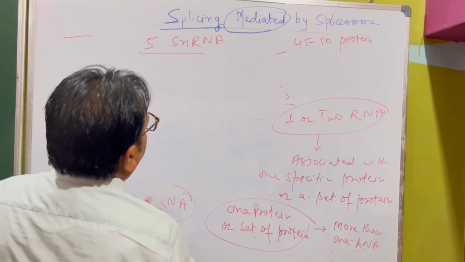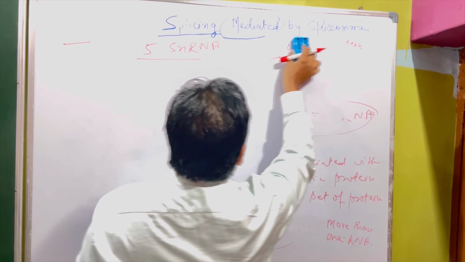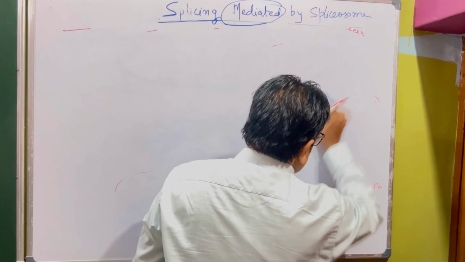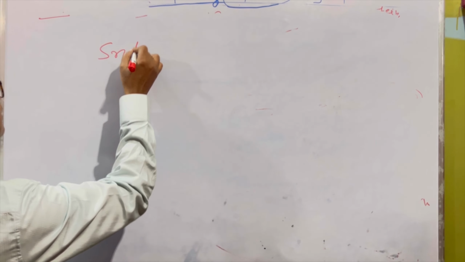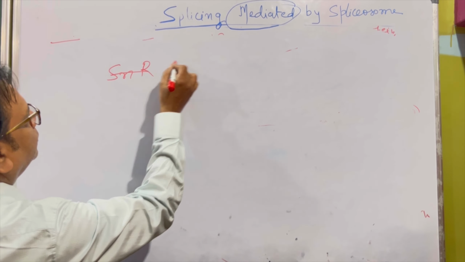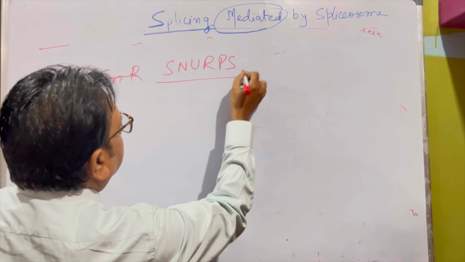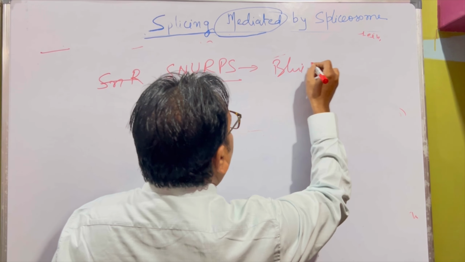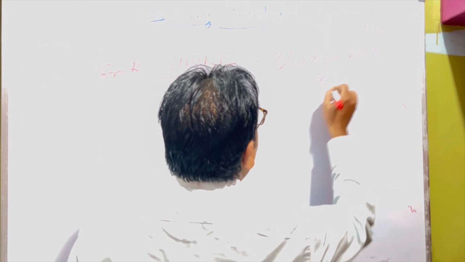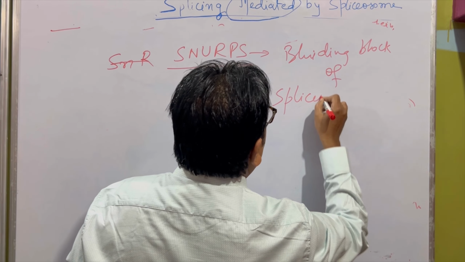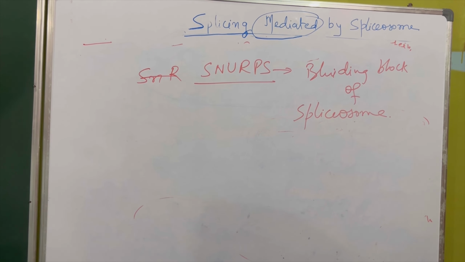So you have already seen that finally you have snRNP, SNRPs. You have to always write this: when you talk SNRPs, these are the building blocks of spliceosomes.